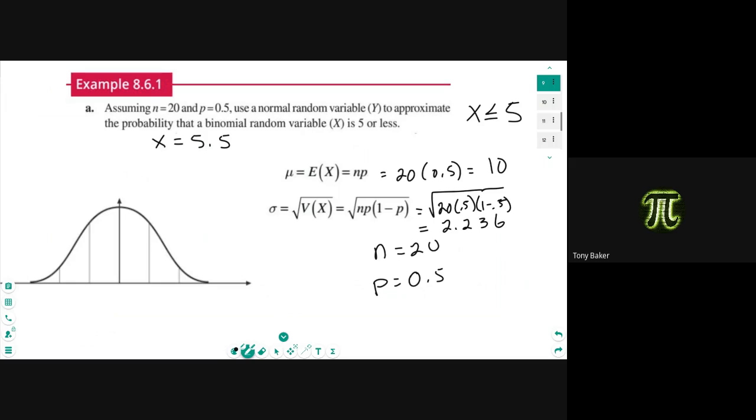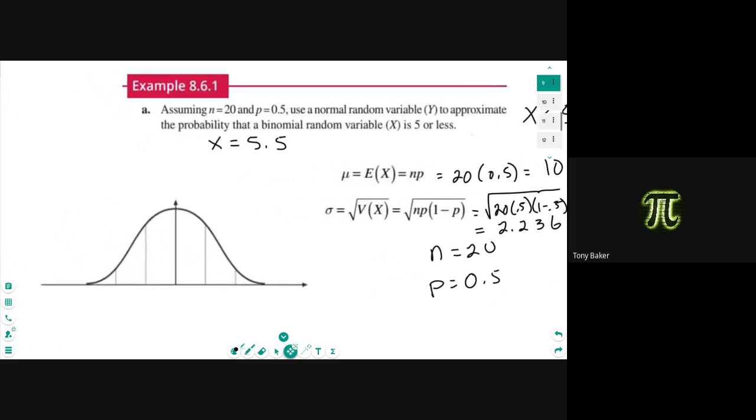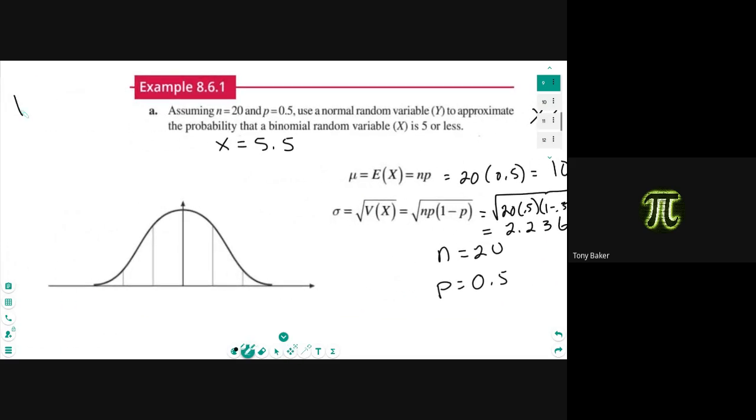So for the problem that I'm going to do now, when we're looking at the steps for this, I'm going to use x equals 5.5. My mean is 10, and my standard deviation is 2.236. Now, where's that line going to go?